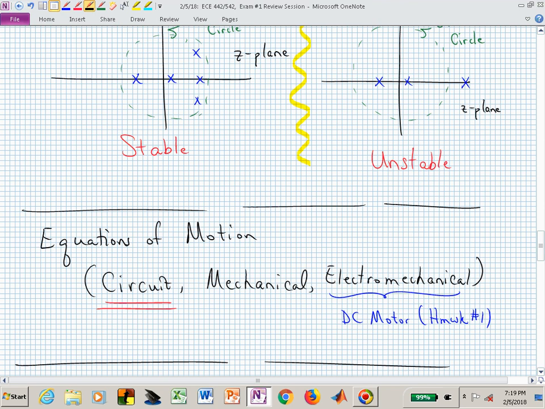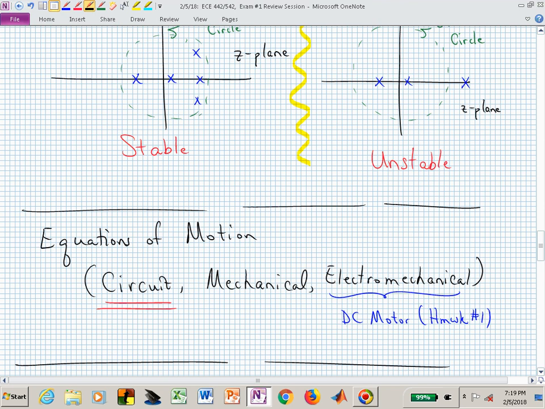Equations of motion. When you get out and you're working, you should be able to analyze all sorts of circuit or systems. Be that a circuit, a mechanical system, an electromechanical system. You had the opportunity to look at an electromechanical system on homework number 1 with this DC motor.